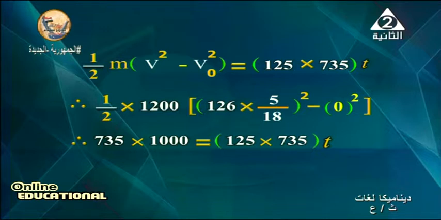Then the time t equals 735 times 1000 over 125 times 735, which equals 8 seconds.